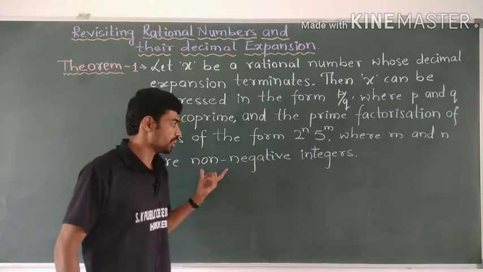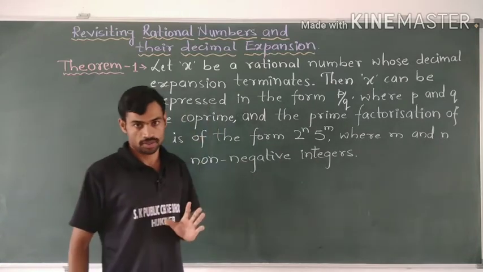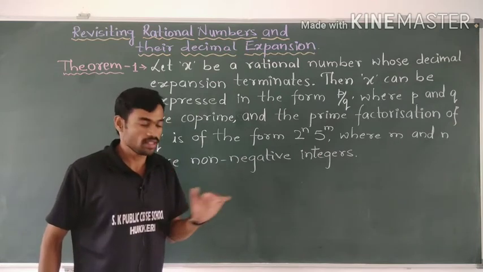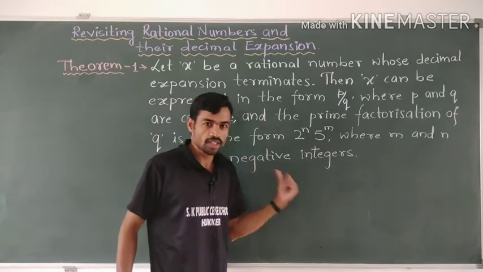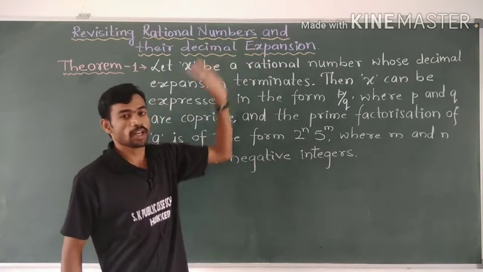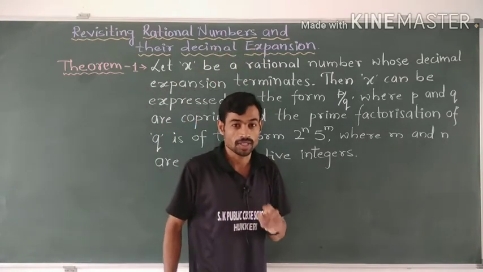It means they are whole numbers. Clear? So this is the first theorem, which tells about the decimal expansion of rational numbers.